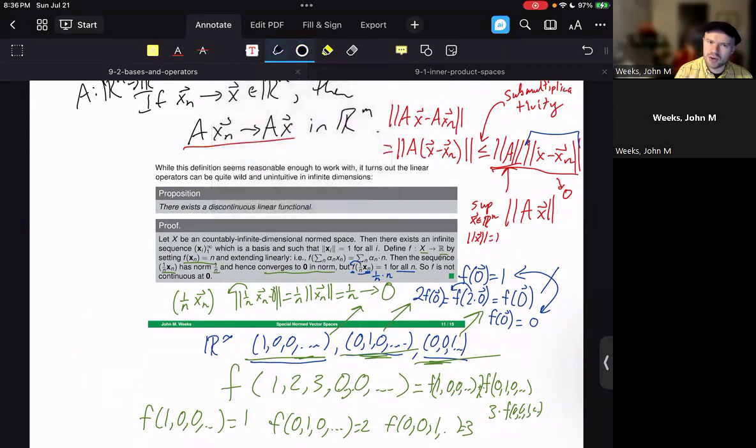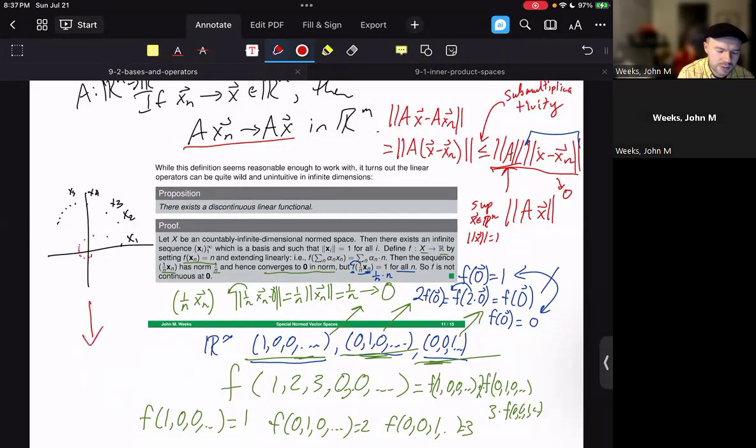If I'm trying to draw a picture of this, I'm imagining you have a basis. This is the first basis element you have, x1, x2, x3, x4, x5, x6, x7, x8, and so on and so forth. Each of these is somehow in a different direction than all of the others. What I'm doing is taking scalar multiples of each of those basis elements and getting them to go towards 0.